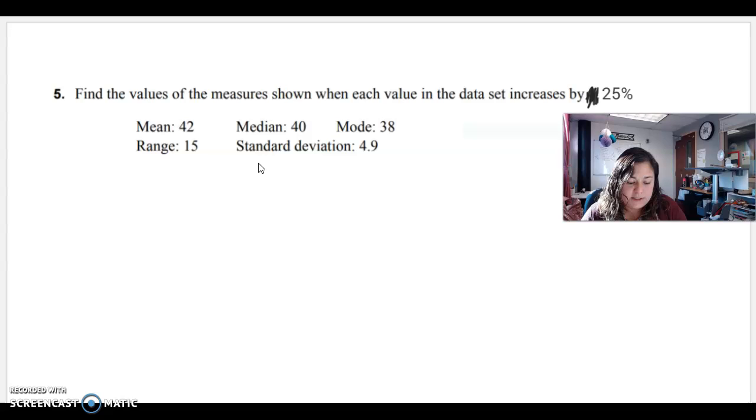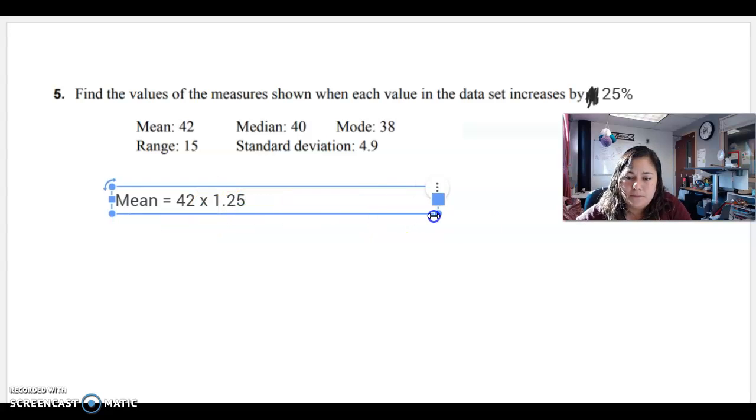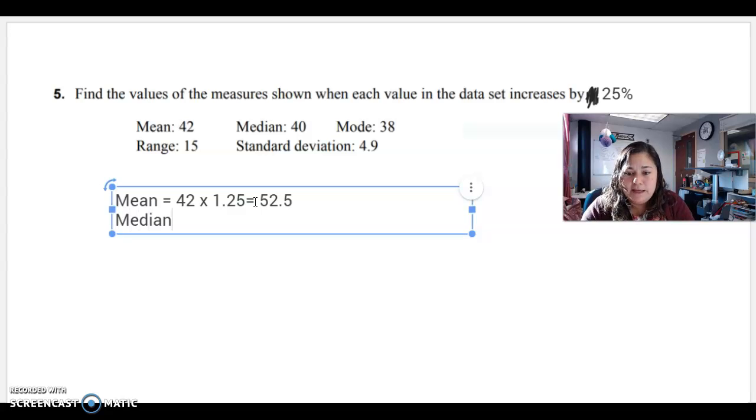So 42 times 1.25 is 52.5. So my new mean would be 52.5. I'm just going to take all of these and multiply them by 1.25.